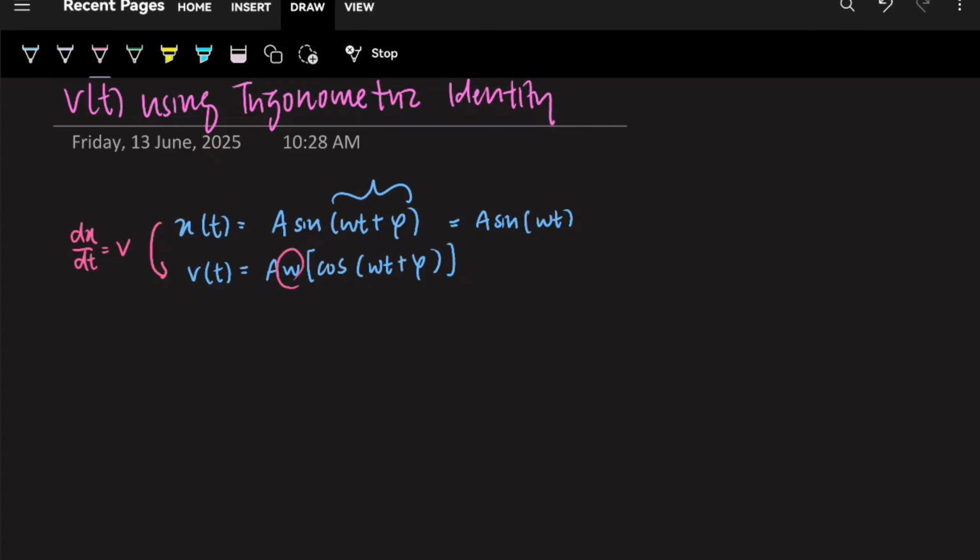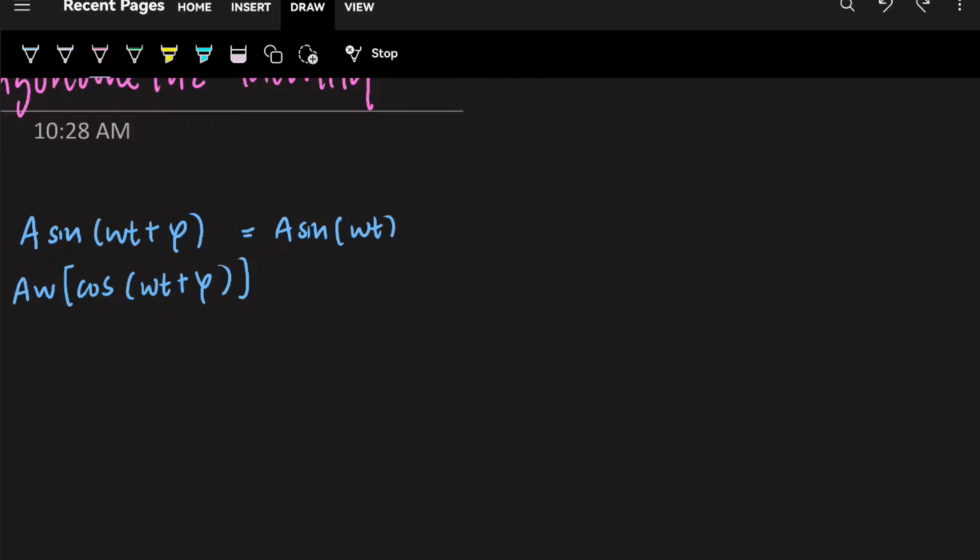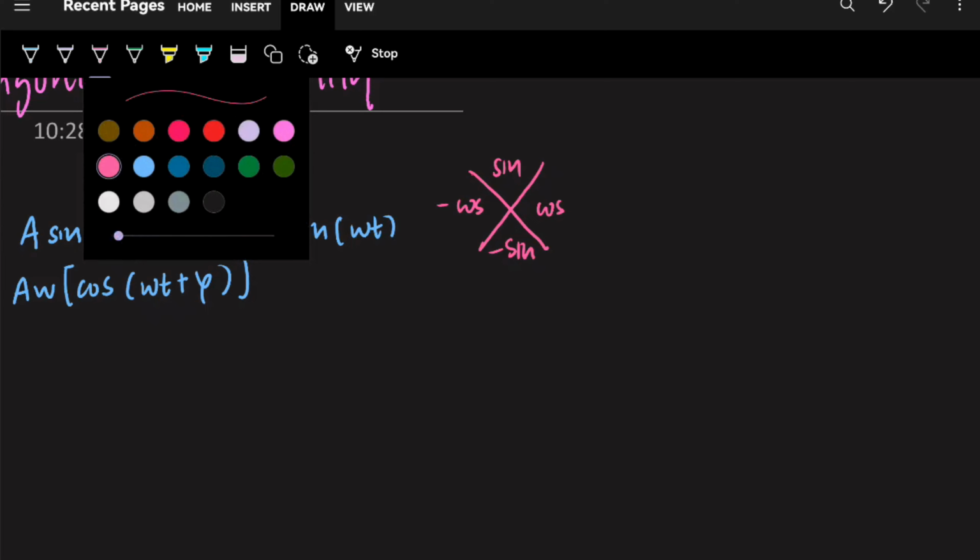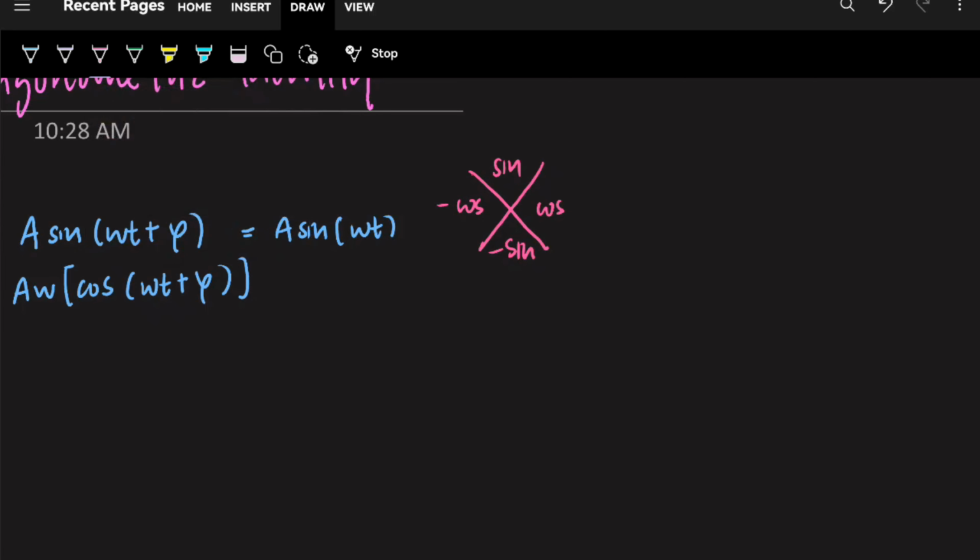If you have a problem remembering that differentiating sine gives cos, here's something that I use. I draw an x: this is sine, this is negative sine, this is cos, this is negative cos. You go clockwise if it's differentiation, and anti-clockwise if it's integration, because integration is the antiderivative, right?